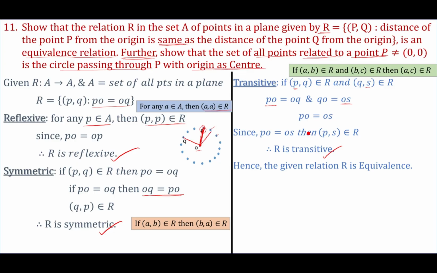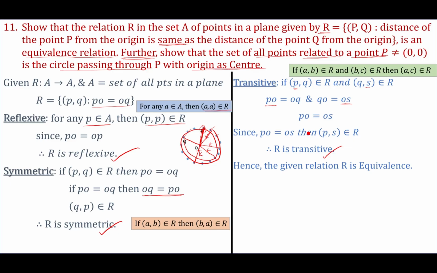If the distance from this point to this point is k, then the distance to these 2 points is also k, because all these points are related to P. So all these distances are k. These points make a circle.